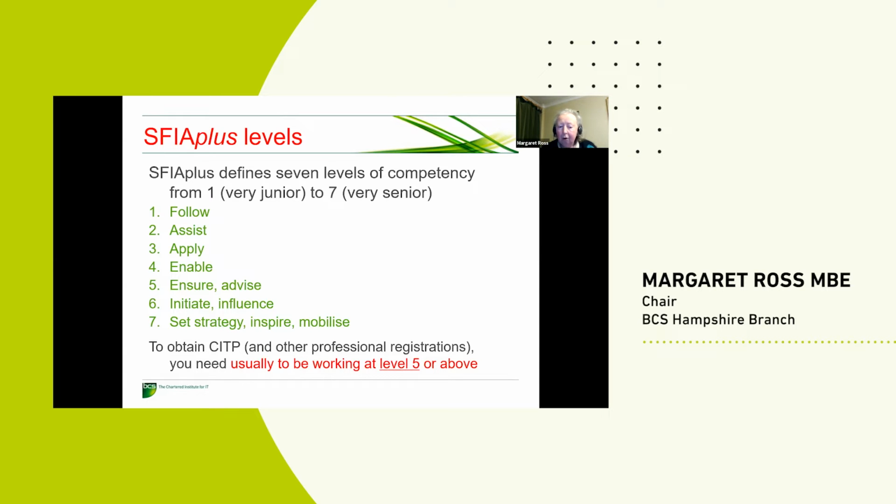At level 4, which is the MBCS, you're a professional capable of working on your own without detailed supervision. So that's your MBCS. Level 5, you're more like a team leader, or you might be doing some mentoring, keeping an eye on those at level 3 when they come in.